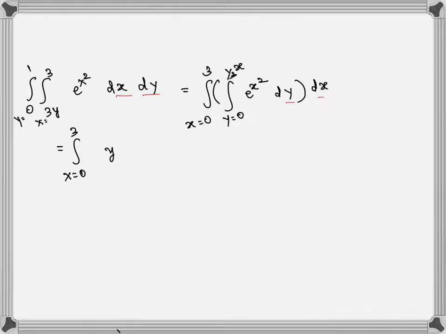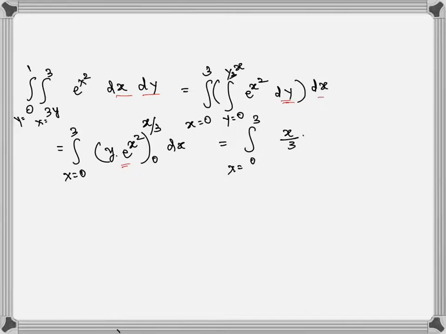Always remember the fixed limits should be on the outer integral, and the varying limits on the inner integral. That is the integral from 0 through 3 of y times e to the x squared, from 0 to x by 3, dx. When we integrate with respect to y, x is constant. We plug in the limits 0 and x by 3 to evaluate the inner integral, then integrate with respect to x.